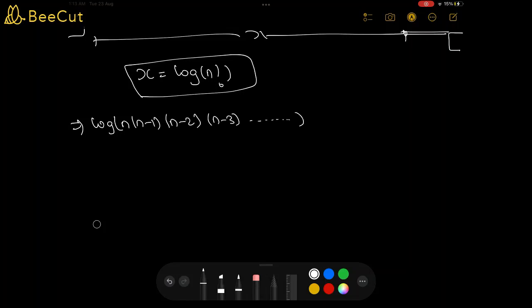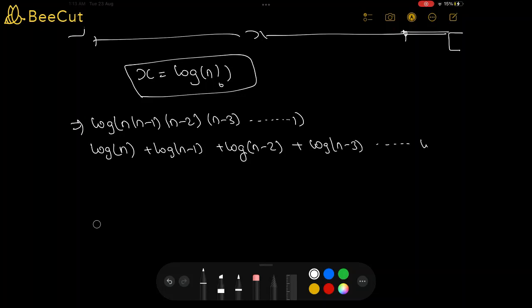Okay, till 1. Now this can be written with simple mathematics as log of n into n minus 1 into n minus 2, and so on, because we know that log of a into b is log of a plus log of b, right? This is log of n, plus log of n minus 1, log of n minus 2, log of n minus 3, and it continues all the way to log of 1.